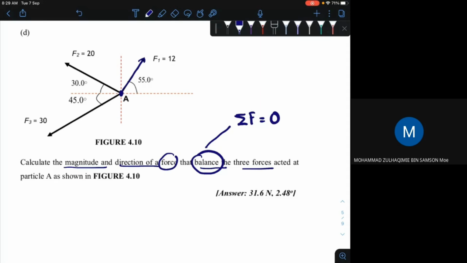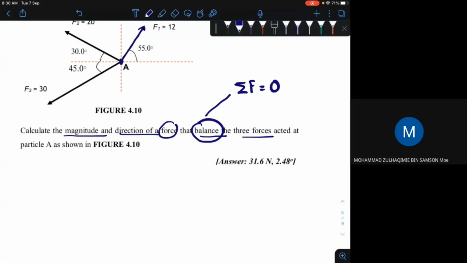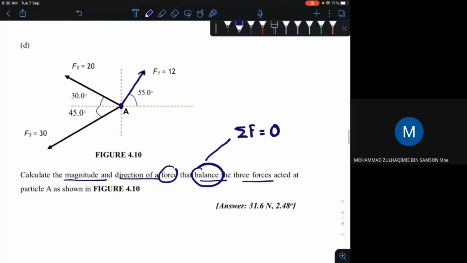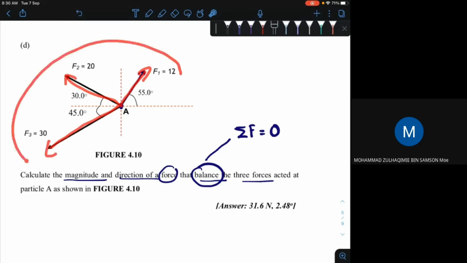And then kita nak tambah semua ni, calculate the magnitude and the direction of a force that balances the three forces acted at particle A. So maksudnya kita dah ada direction untuk 3 force. Force pertama ke sini, force kedua ke sini, force ketiga ke sini. However, bila kita campur semua 3 force, kita tak dapat kosong. So kita nak cari di mana sepatutnya lagi satu force duduk supaya kita boleh dapat that balance thing.